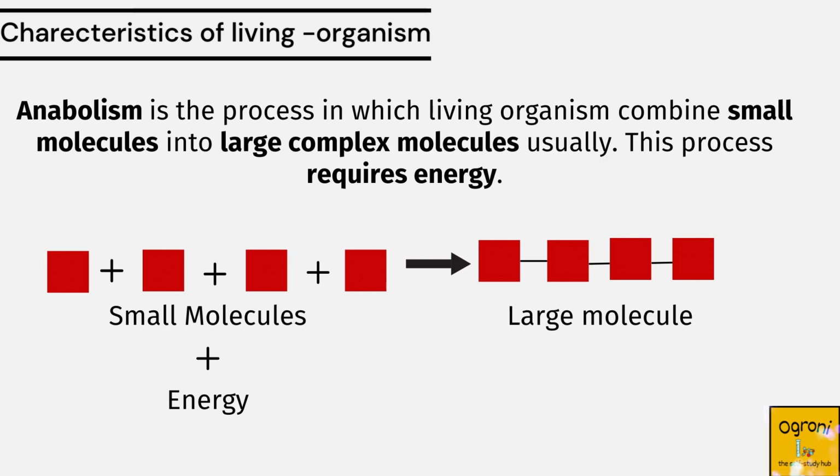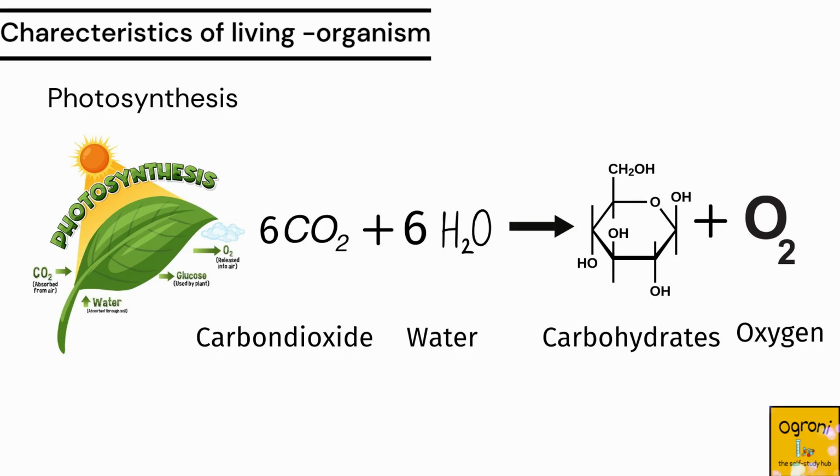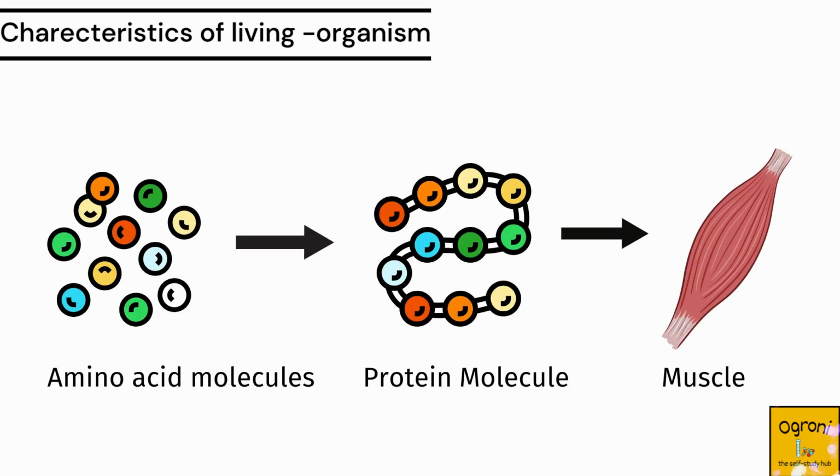Anabolism is just the reverse of catabolism, in which small simple molecules combine to form large, more complex molecules. In this process, energy is required. For example, in photosynthesis, plants use carbon dioxide and water in presence of sunlight and chlorophyll to produce carbohydrates, releasing oxygen.